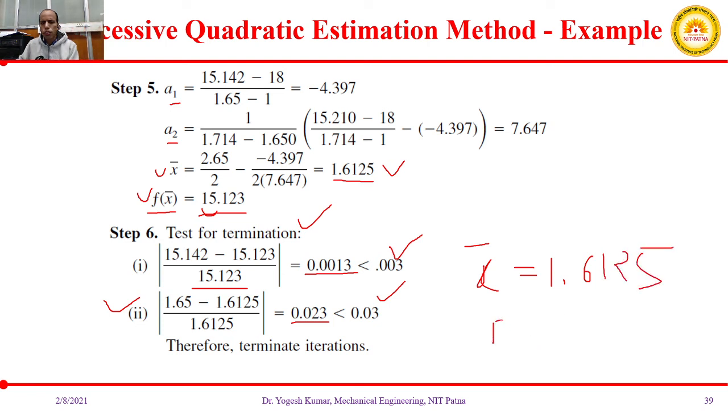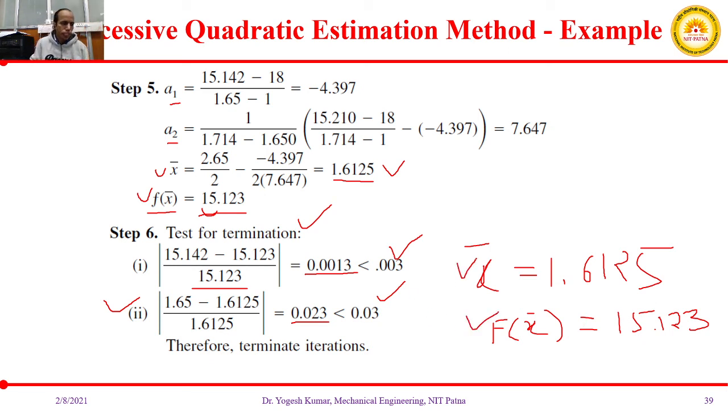Your optimum value of the function at the optimum value x bar is f(x) equal to 15.123. Okay, so we can give this value as your optimum value.